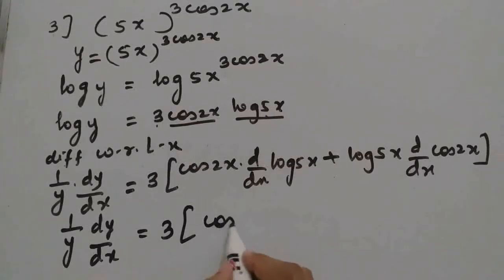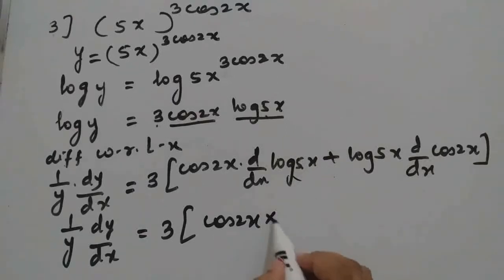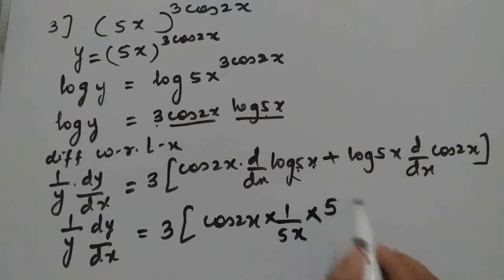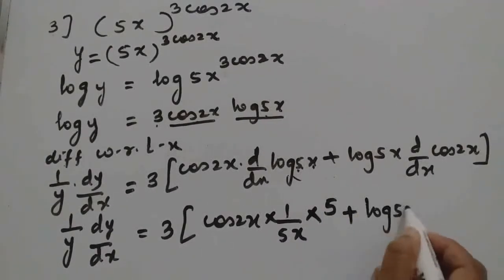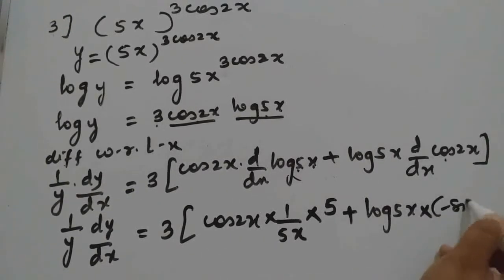So see, the derivative of log x is 1/x. Here log 5x is given. So 1/(5x) into the derivative of 5x, which is 5. Okay, plus log 5x same. Here the derivative of cos 2x is minus sin 2x, and the derivative of 2x is 2.